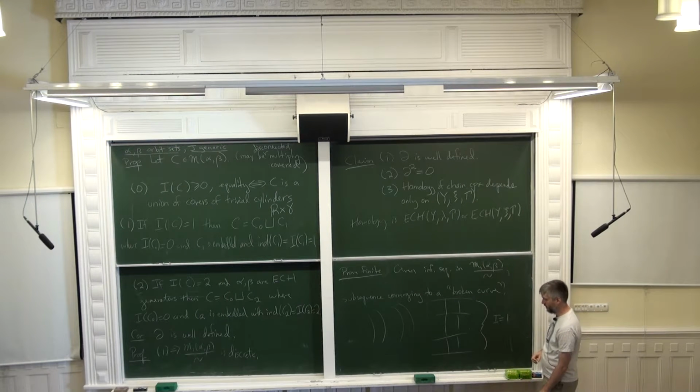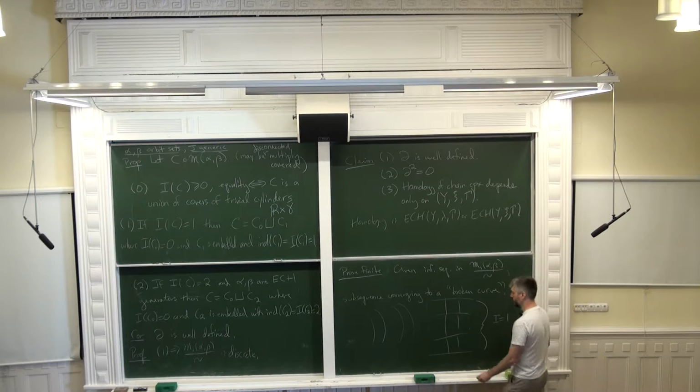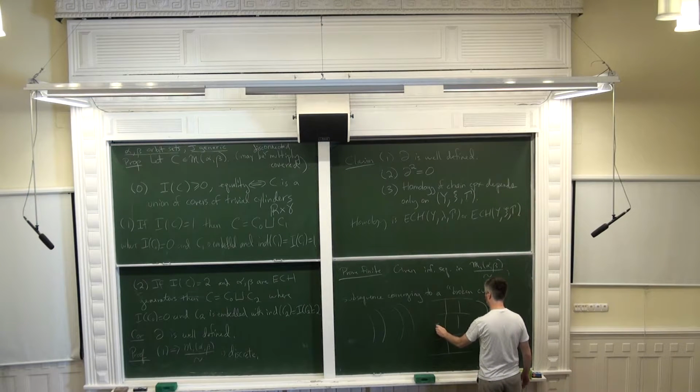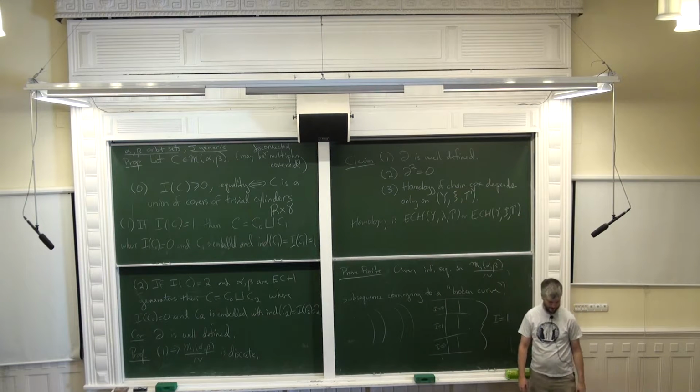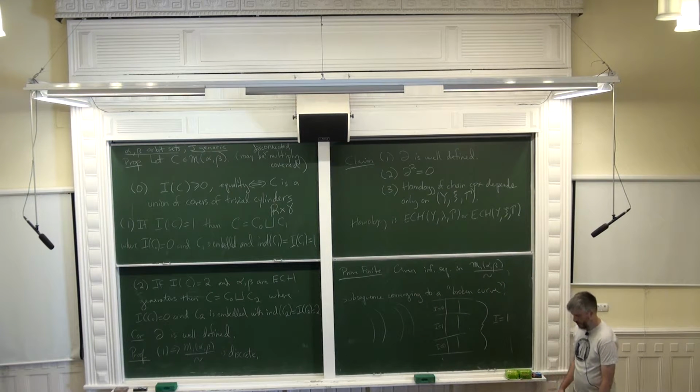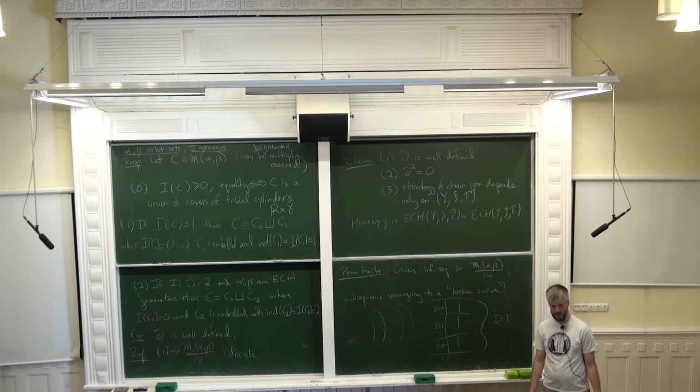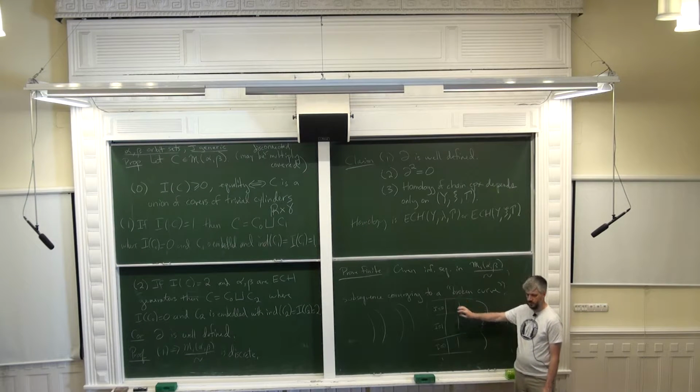So there's nothing of negative ECH index. So there's one piece of ECH index 1, and then maybe above and below it, there are some pieces of ECH index 0. Now, one then needs a further argument, which I can't explain right now, to show that actually these index 0 pieces cannot occur. And so you just have one index 1 piece.